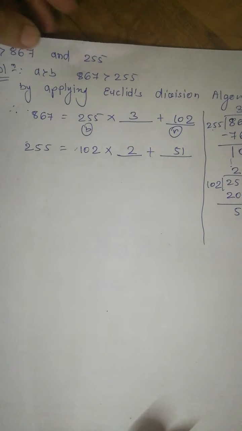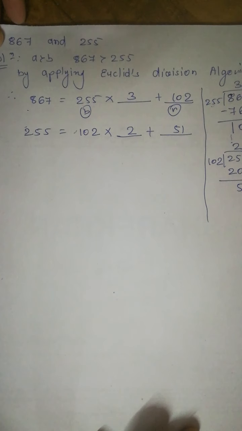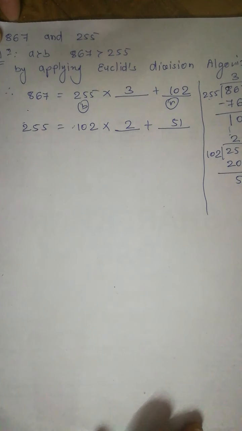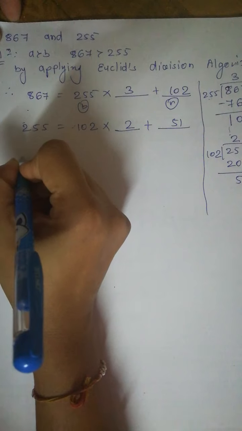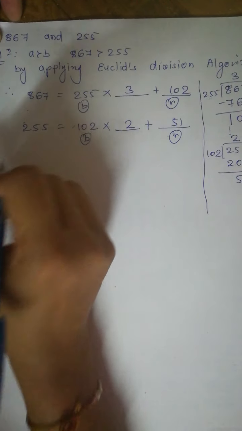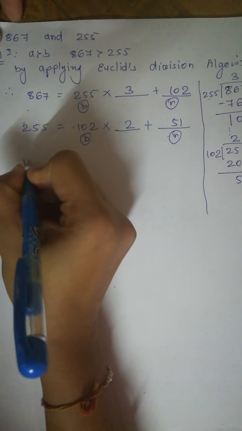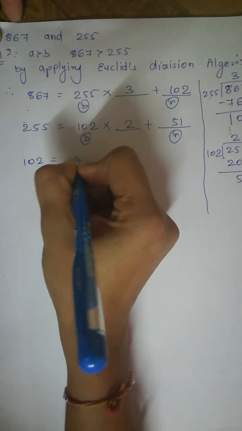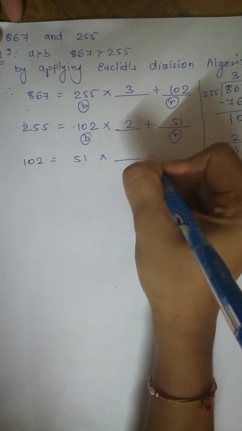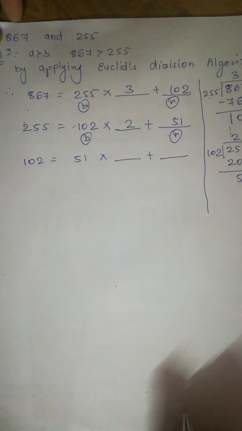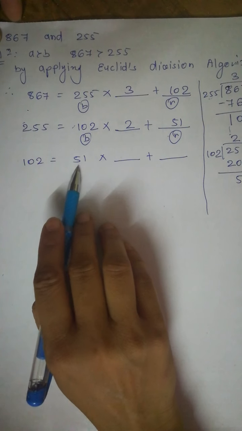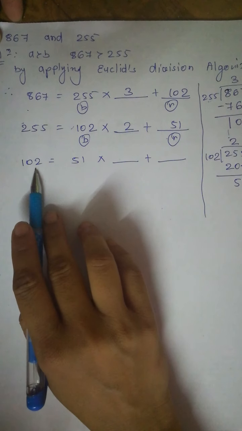Again, at this stage also we don't have r equal to 0. So again apply Euclid division lemma on b and r. Please keep the chain as it is, otherwise we don't get the answer. So 102 is equal to 51 into the quotient plus remainder. Now as we all know, 51 twos are 102.